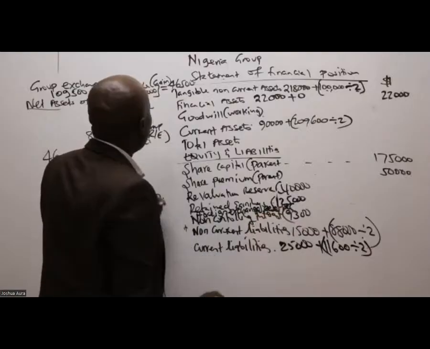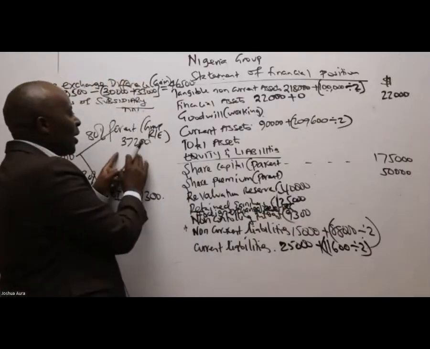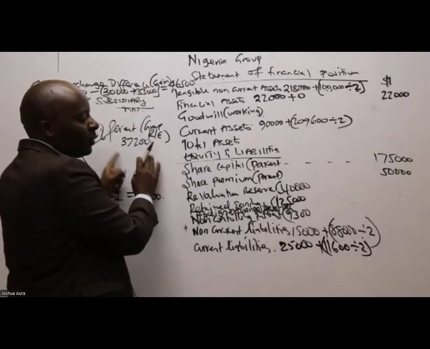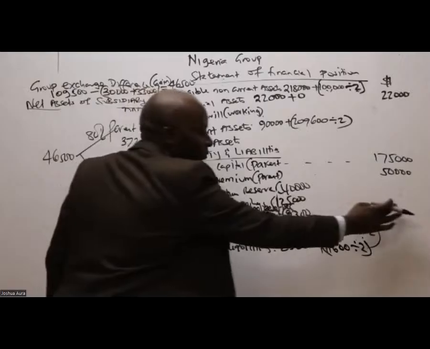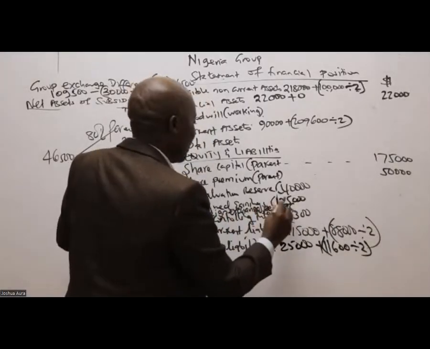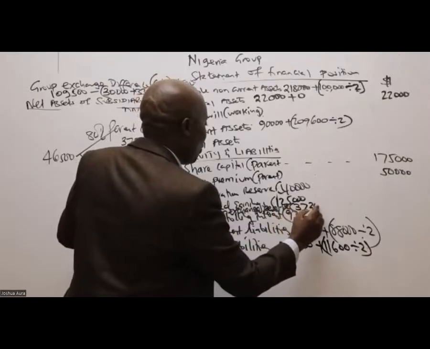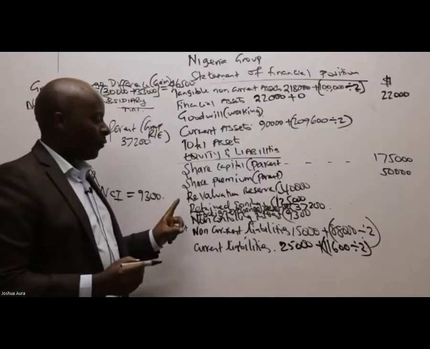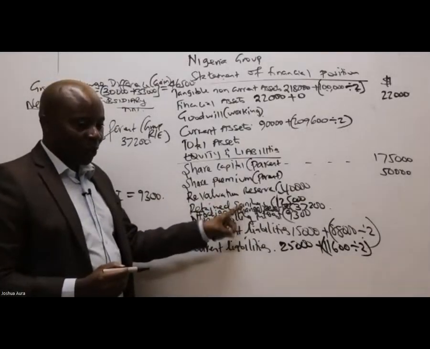So the foreign exchange reserve, the one that we have been given, the one of the parent, will go to the equity of the parent. But don't take it as the last figure here, we'll still have something. So for foreign exchange reserve, you're just writing as a working 37,200 there.